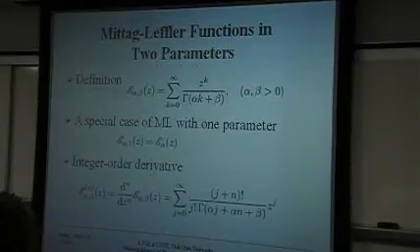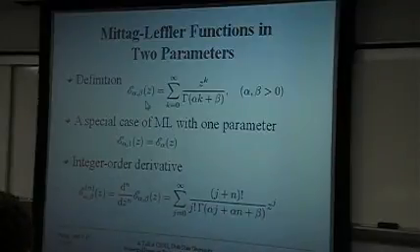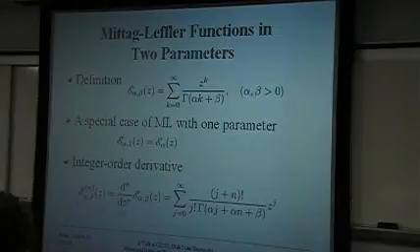And also we have the function in two parameters, alpha and beta, which are essential in finding the analytical solution of the system. And also, in some cases, we need the integer order derivative of the function in the analytical solutions.